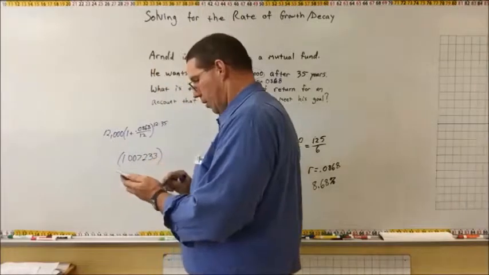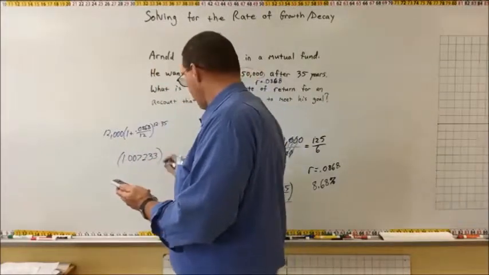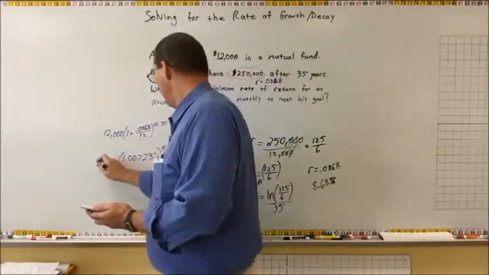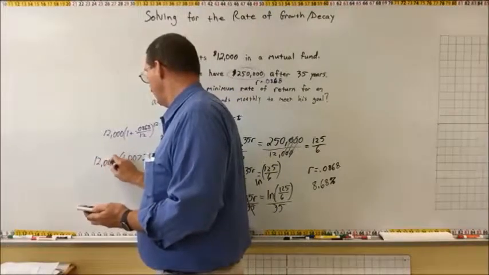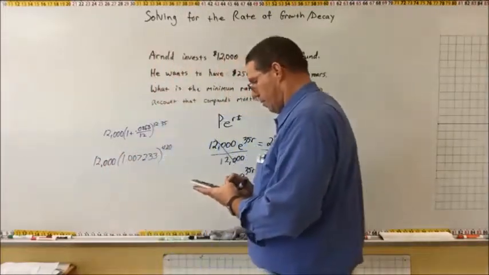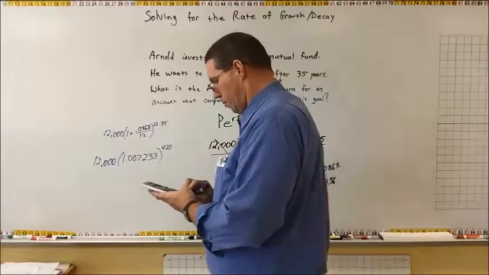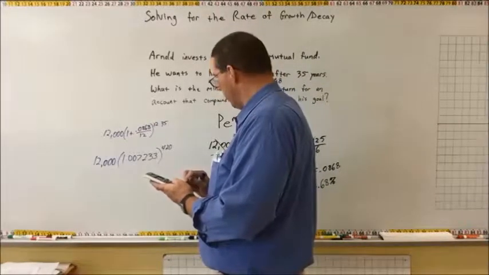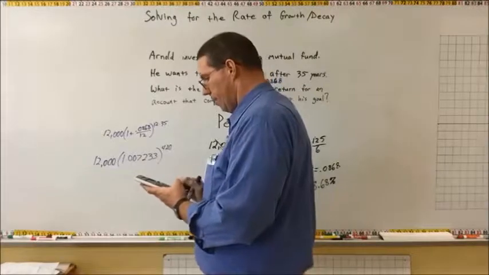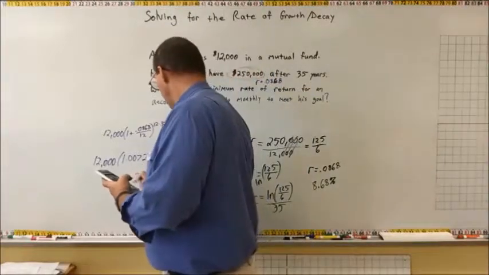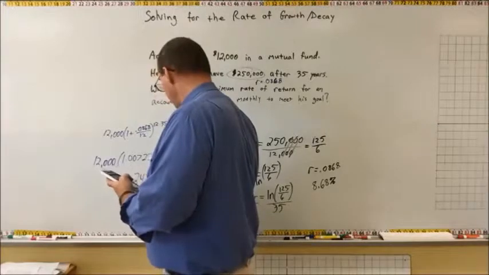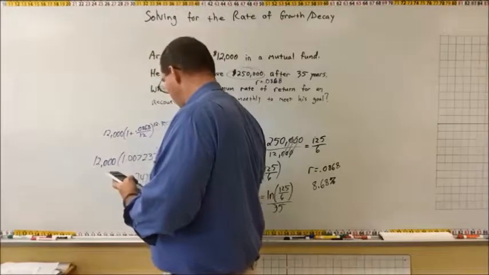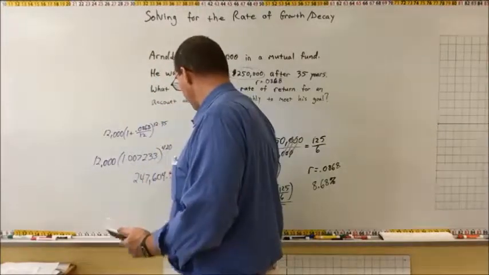Approximately. Let's put one more 3 on there. To the power of 12 times 35, which is 420. I'll put a 12,000 up front. So we'll go $12,000 times 1.007233 to the power of 420, and I get $247,604.55.